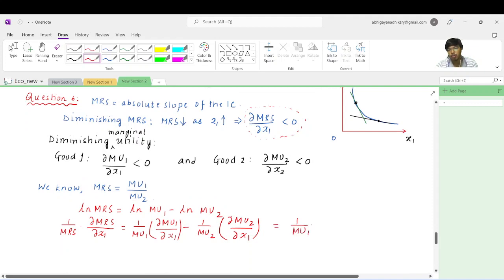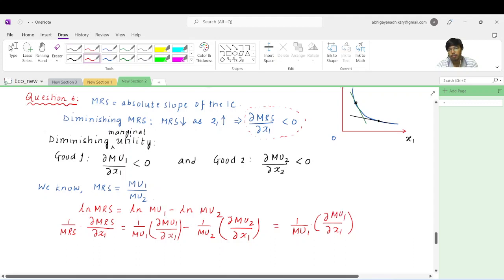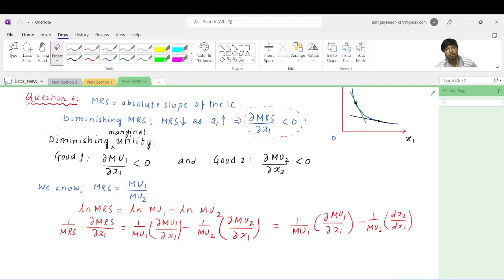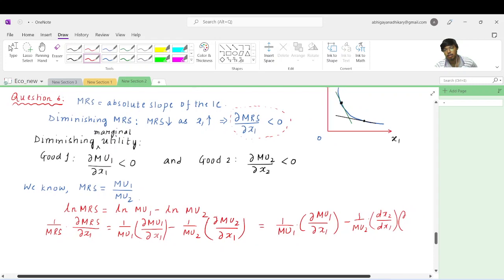The first term remains, because we exactly have the diminishing marginal utility structure that we wanted. So this is del mu1 by del x1. But for good 2, I can write it this way: 1 by mu2 times dx2 by dx1 times del mu2 by del x2.